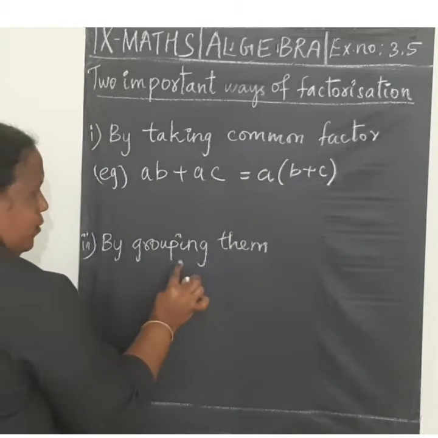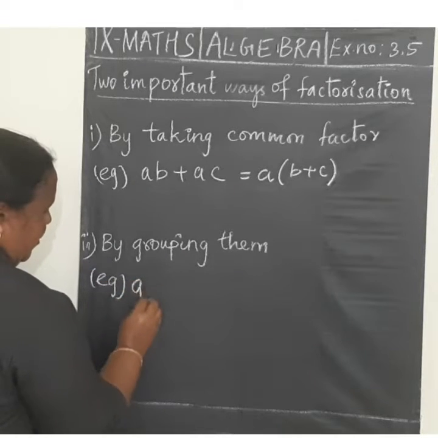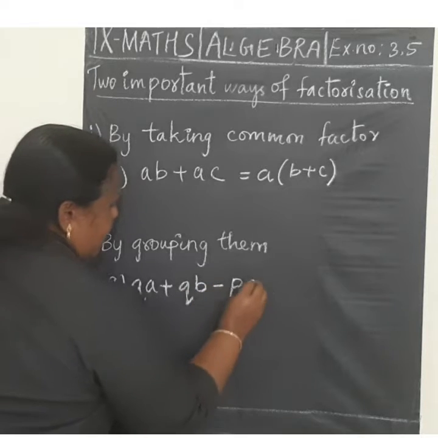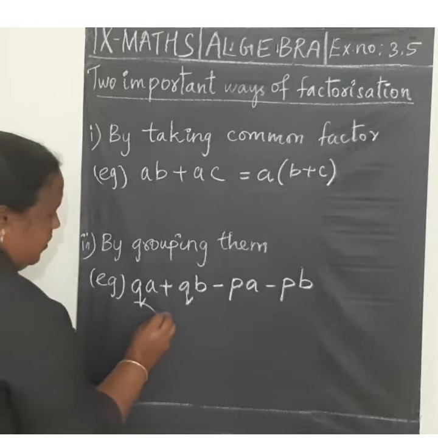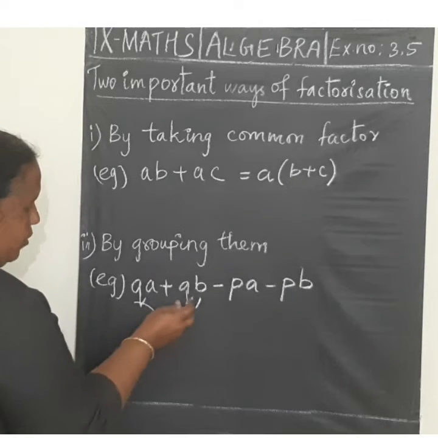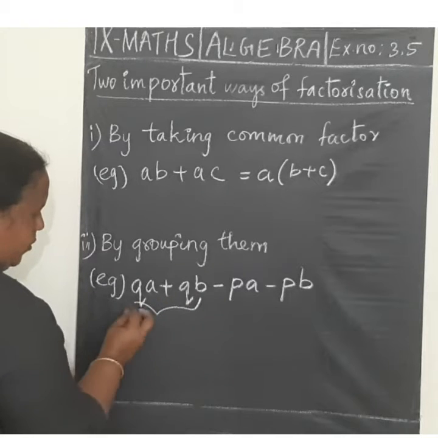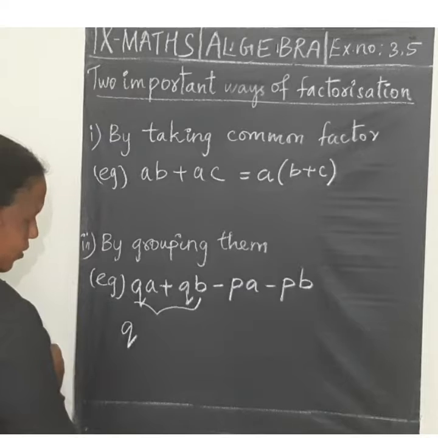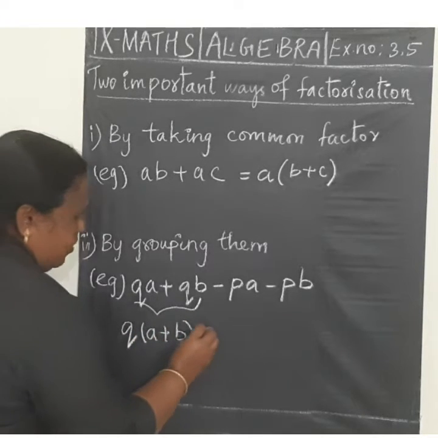Next, by grouping them. For example, QA plus QB minus PA minus PB. By grouping, we take QA plus QB as one group. Q is common, so we take Q outside, and the remaining is A plus B. Next, minus.